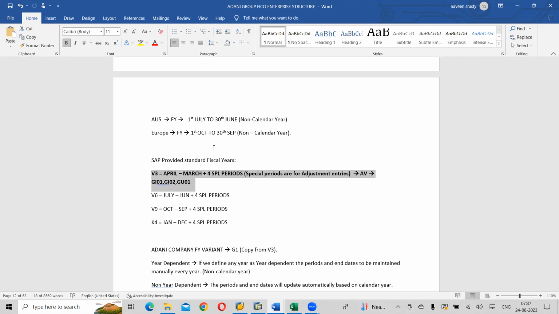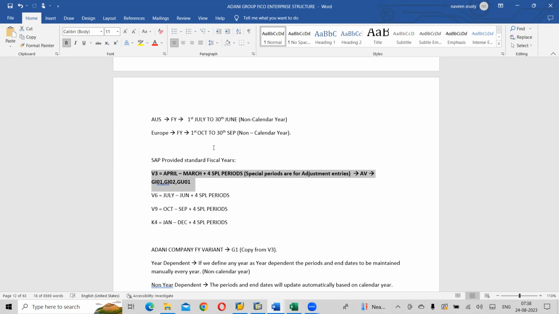My current fiscal year is 2023, but it contains 7 periods: 3 normal periods of 2024 and 4 special periods of 2024. Still, we call this fiscal year 2023. As a human being I can understand, but how will SAP understand this?